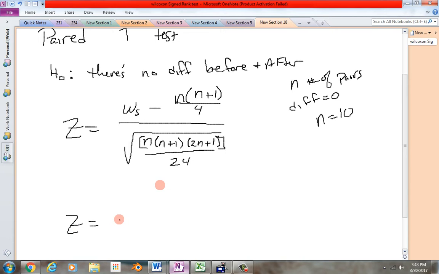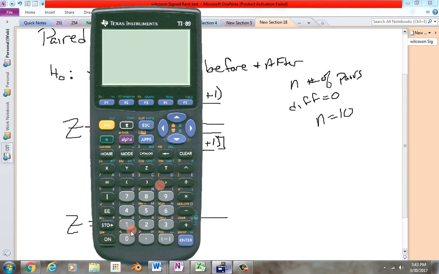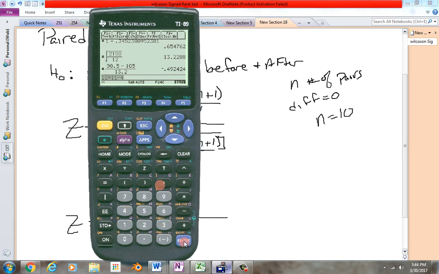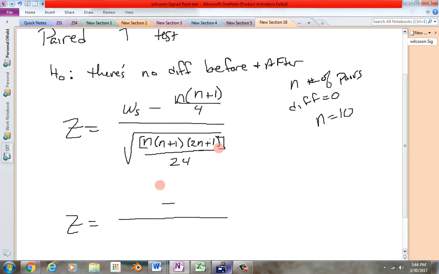We'll worry about the WS in a moment. So it's going to be 10 plus 1 is 11 divided by 4. So it's 10 times 11 divided by 4. 27 halves. So 27 and a half. There we go.